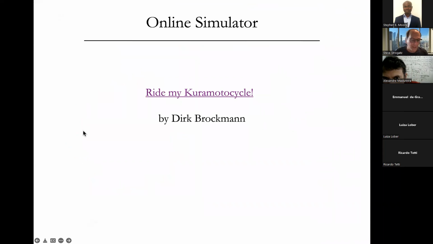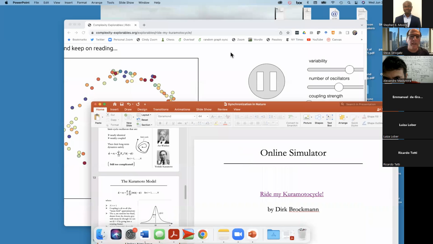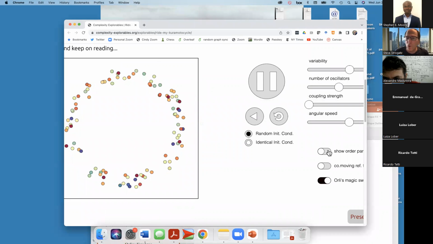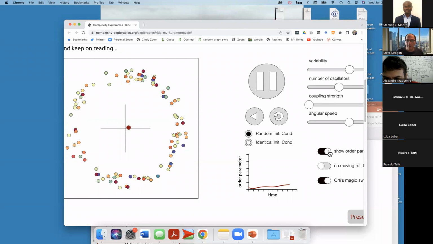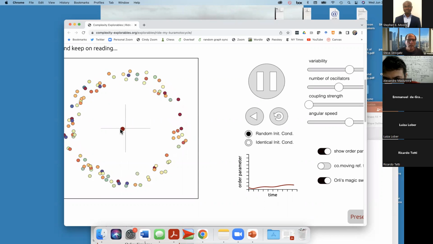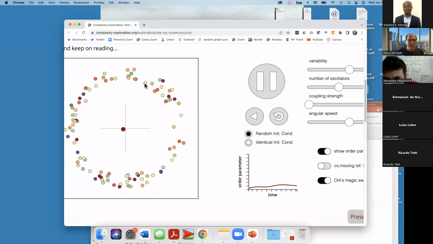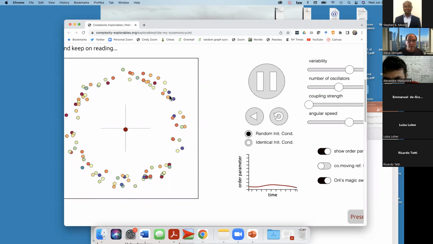Where did that go? Is that still running? Yeah, there it is. Here, show order parameter. If I press this button, this dot in the middle, think of it as an average in the XY plane of all of these dots.